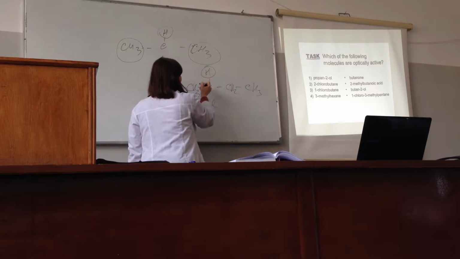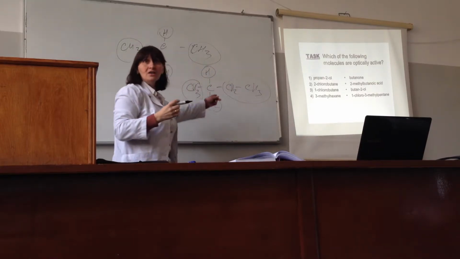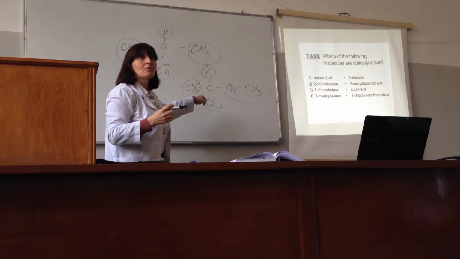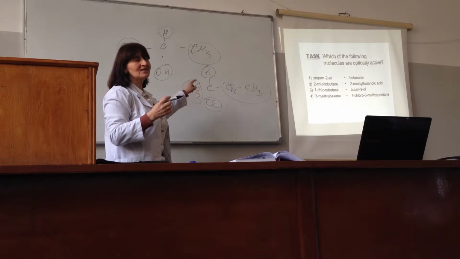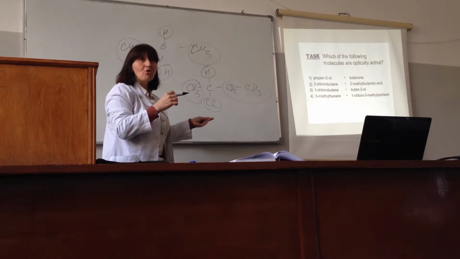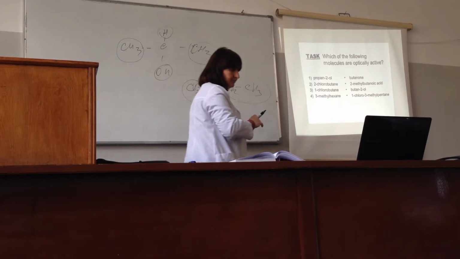Now what about this one? 1, 2, 3, and this is together 4. So here you have a chiral carbon, a stereogenic center, and this molecule is optically active, and here we can discuss enantiomers, molecules which are mirror images of each other.